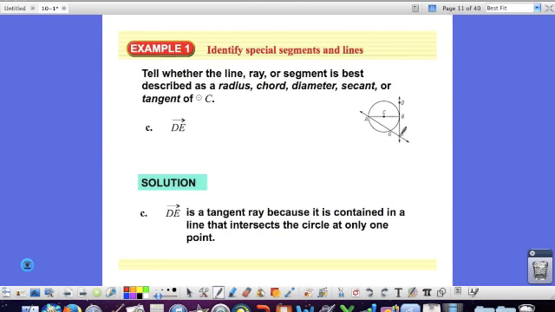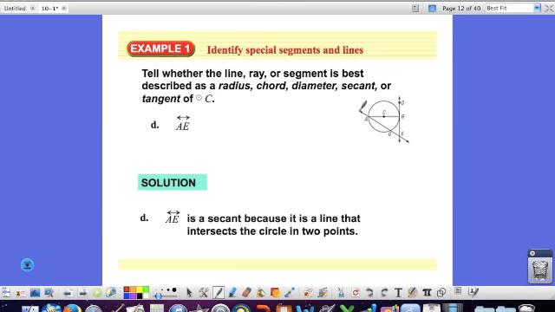Ray DE is a tangent ray because it is contained in a line that intersects the circle at only one point, at this point, point B. Line AE is a secant because it is a line that intersects the circle at 2 points.